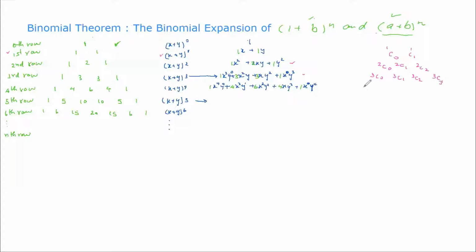Now we try one more, fourth row, so start with 4C0, 4C1, 4C2, and 4C3, and last one is gonna be 4C4.